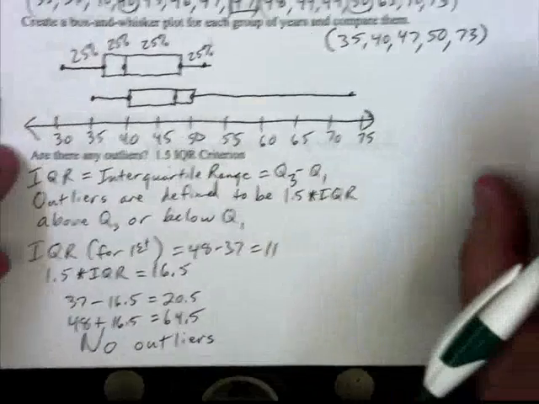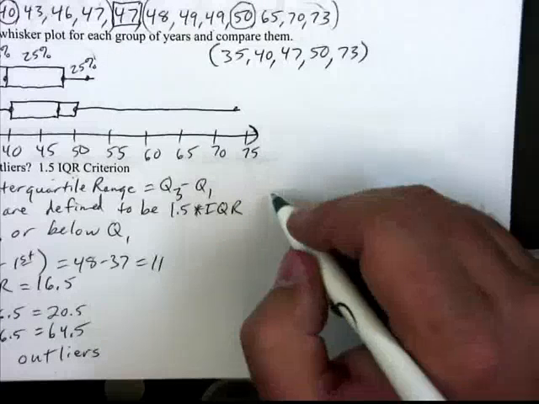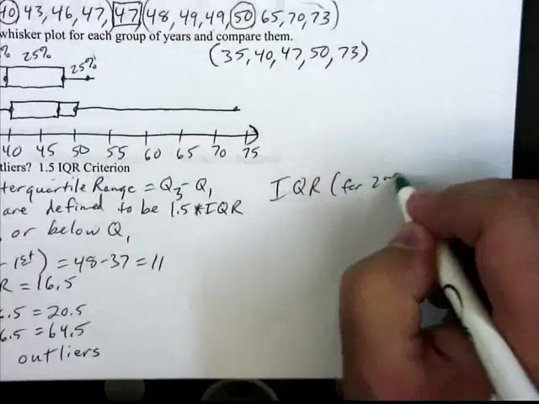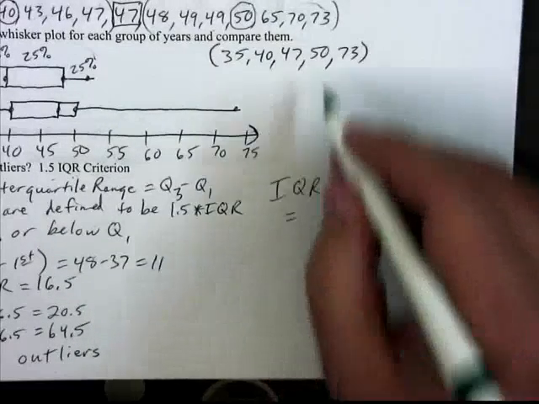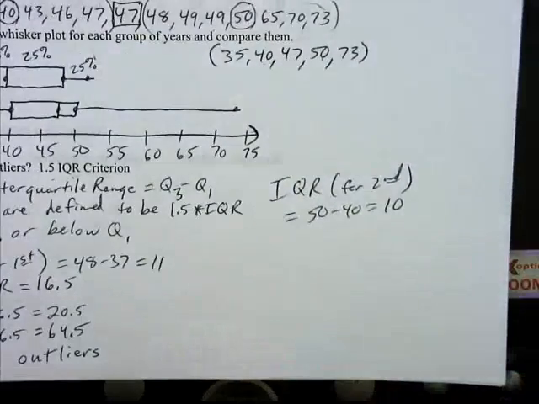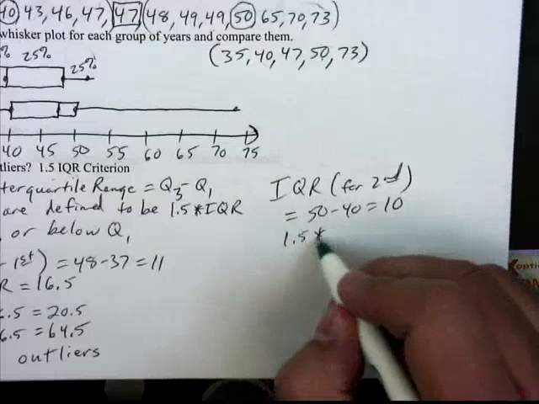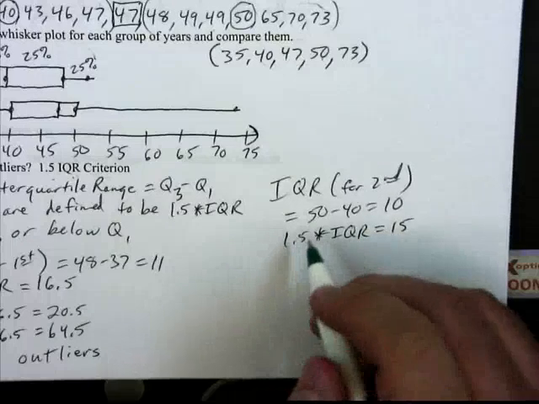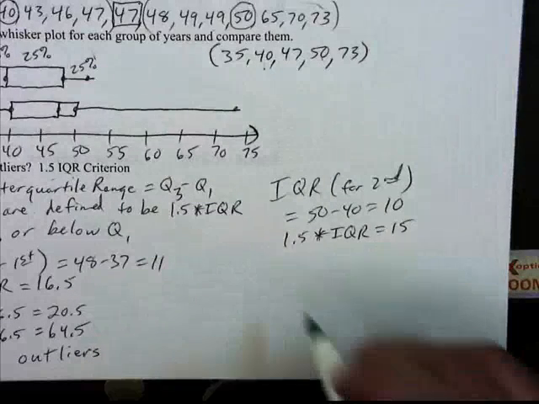Now we're going to look at the other one and take a look at whether there's any outliers for it. So we start out with the IQR for the second. It's going to be equal to 50 minus 40, which is equal to 10. And so 1.5 times the IQR would be equal to 15. And now we want to look 15 below 40 and 15 above 50.